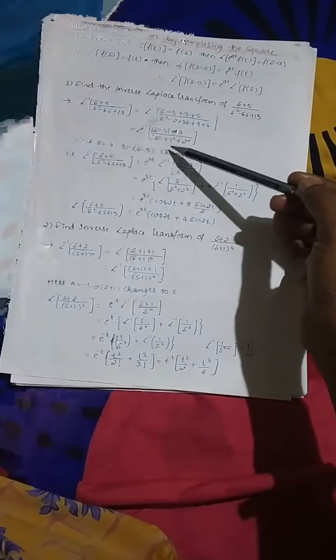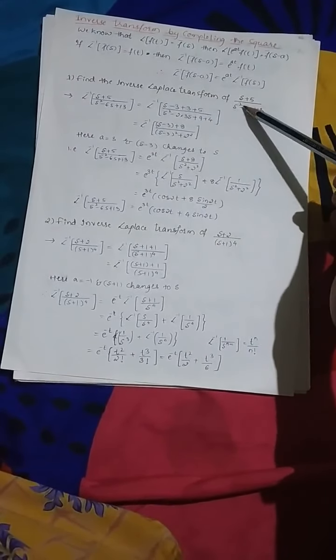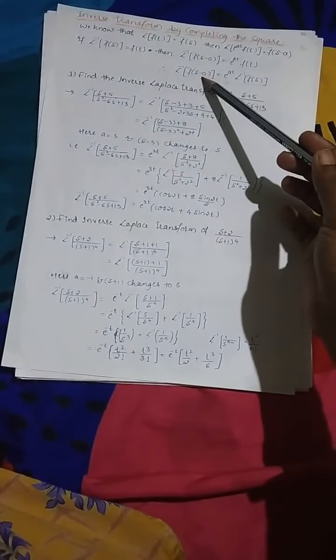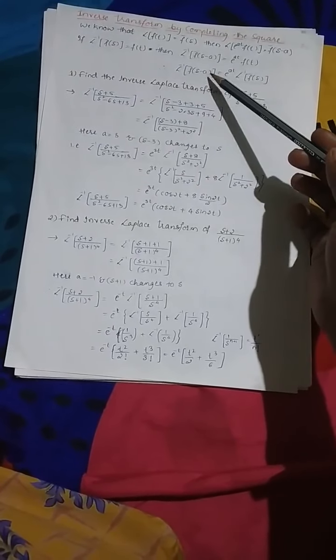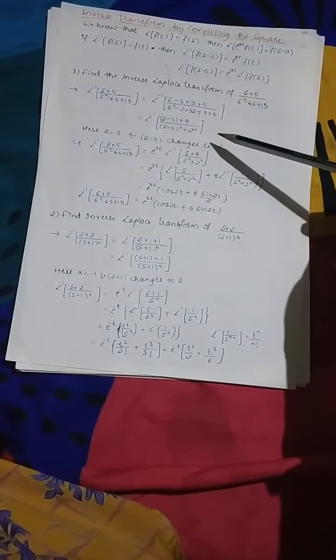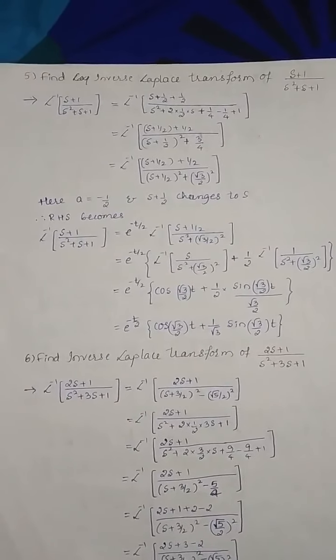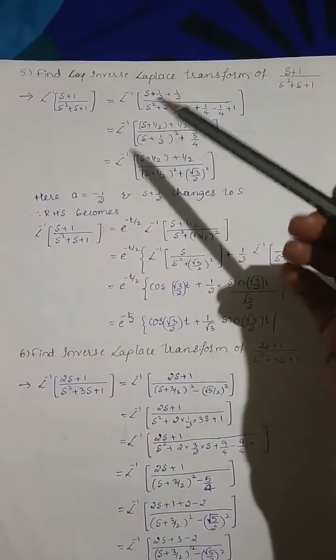Like this we have simplified. Next, this we have written the given f bar of s to f bar of s minus a. Next we want to find the inverse of this one. Therefore again that s minus a changes to s. This is the answer for the given function. Let's go for the next problem.